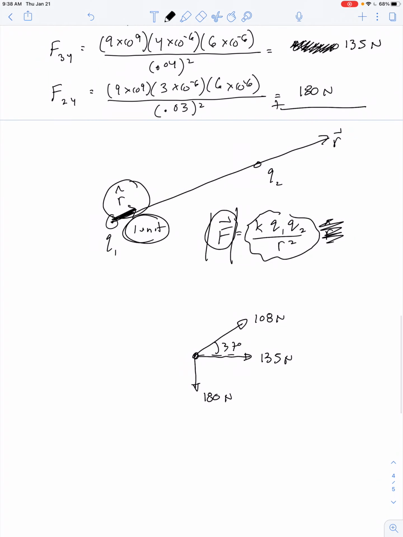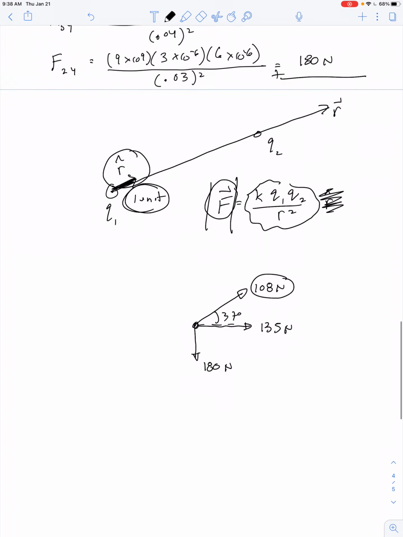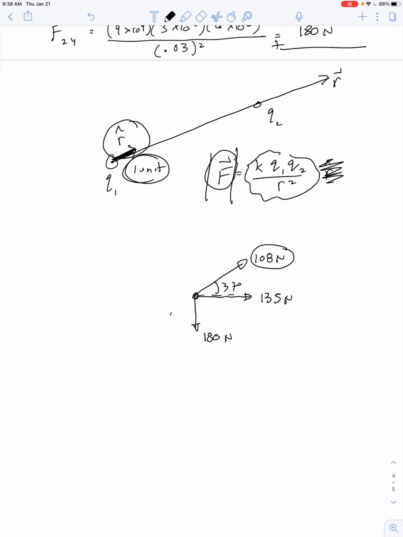So really the only force we need to break into components is the one with a magnitude of 108 newtons. So let's turn this into a resolved free body diagram. Okay, so the 135 doesn't change. The 180 isn't changed.